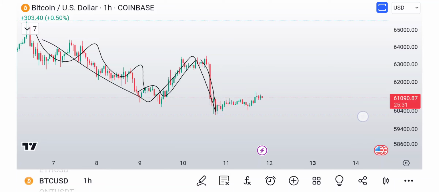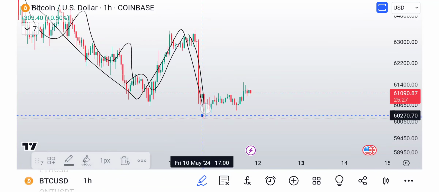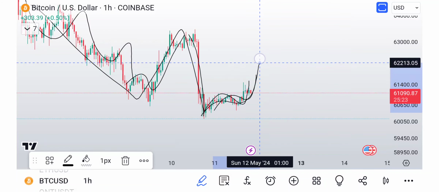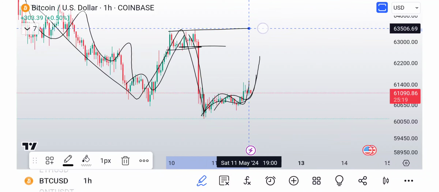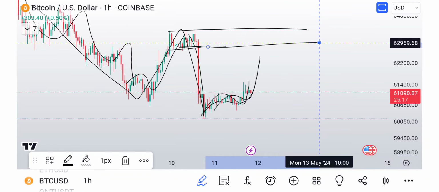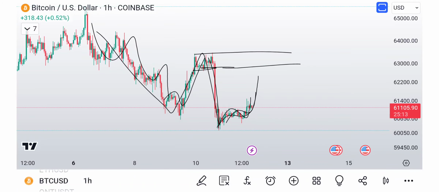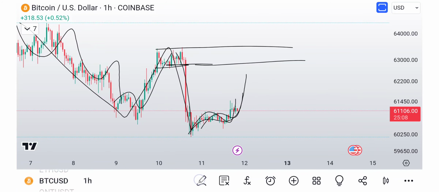I think now when you look, I could be wrong, but this looks like a three-way pullback. Maybe we get up a little higher. Maybe we shoot way up here, right? I mean, we have to break this in order for things to get exciting, right? At least in the short term, we have to break that. But I'm not too sure it's going to do that yet.